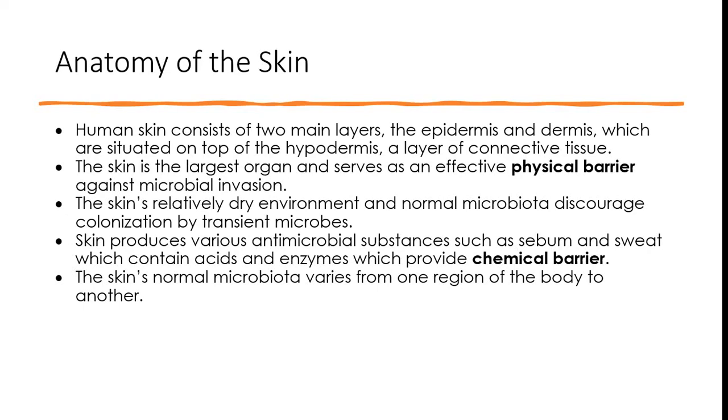And then on top of all of that, we have normal bacteria and microbes that live on our skin. As long as the skin remains unbroken and those microbes are where they're supposed to be in their normal environment, then they actually help defend against other microbes coming in and establishing themselves. Now, depending on where you are in your body, that microbiota is going to alter in what exact microbes are present.